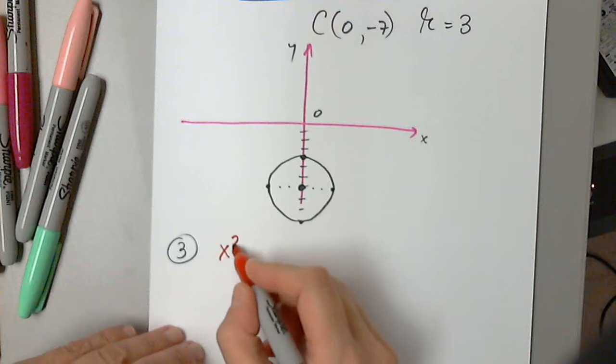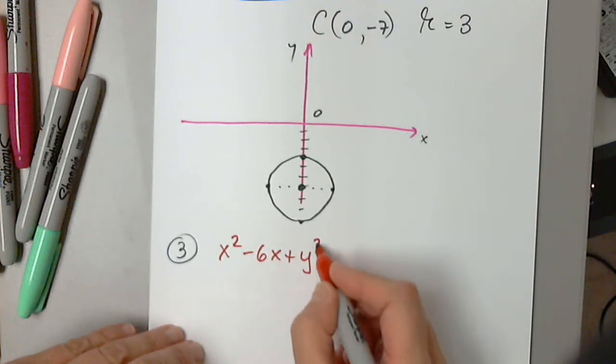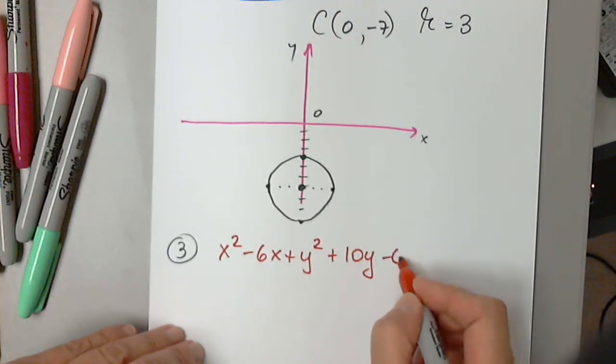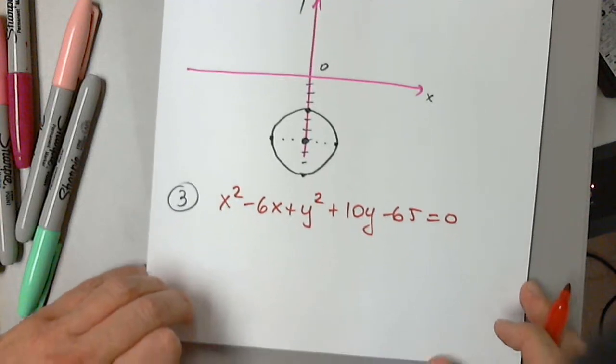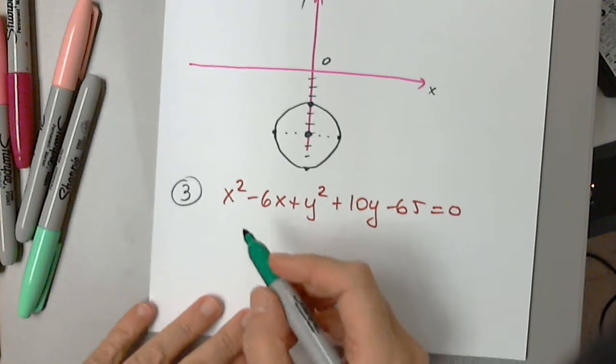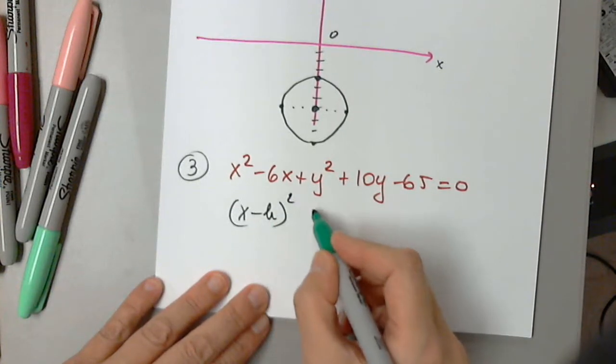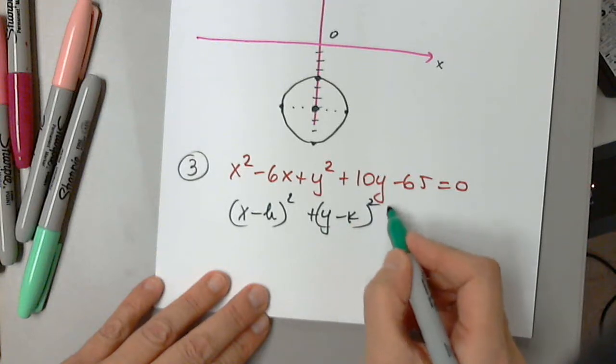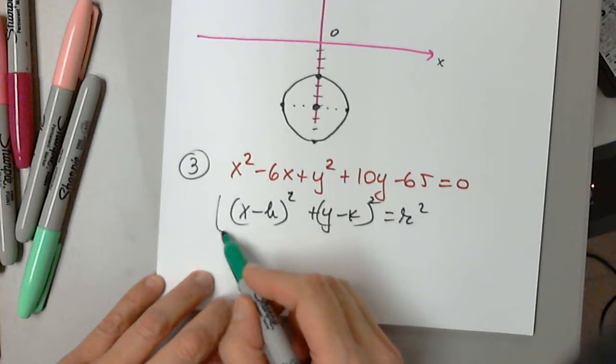So x squared minus 6x plus y squared plus 10y minus 65 equals 0. First of all, the question is asking us, is this a circle? I'm not sure yet. Okay? I'm not sure. I will have to compare it to the following. X minus h squared plus y minus k squared equals r squared.